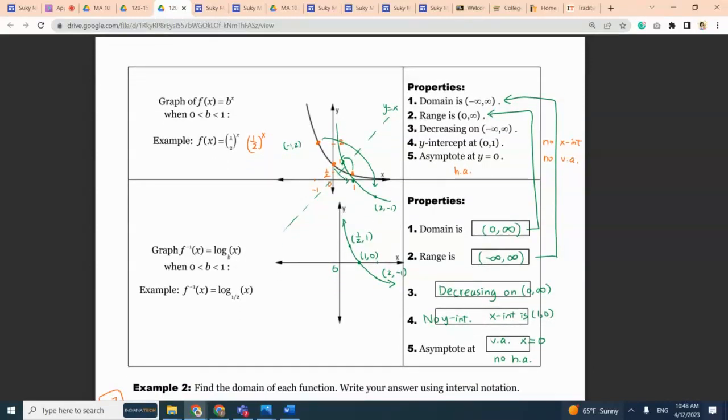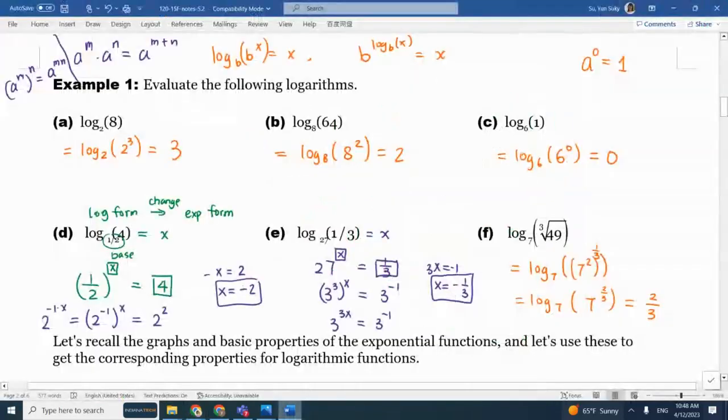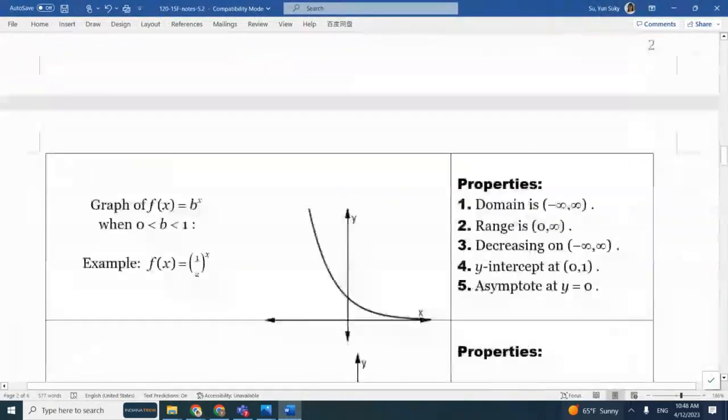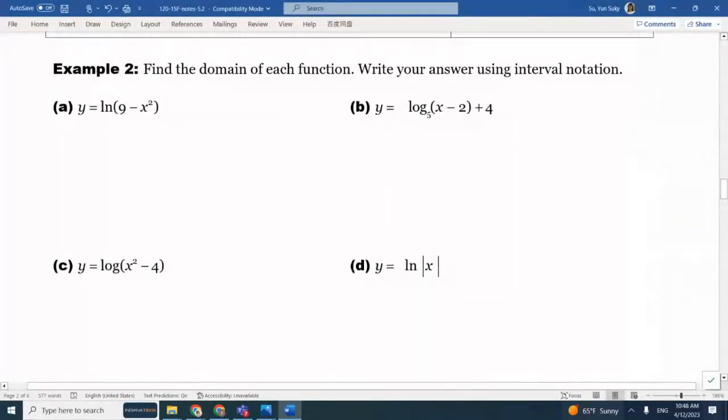Okay. Let's do example 2. Find the domain of each function. So domain, when you see ln, you need the things inside the ln to be greater than 0. See?